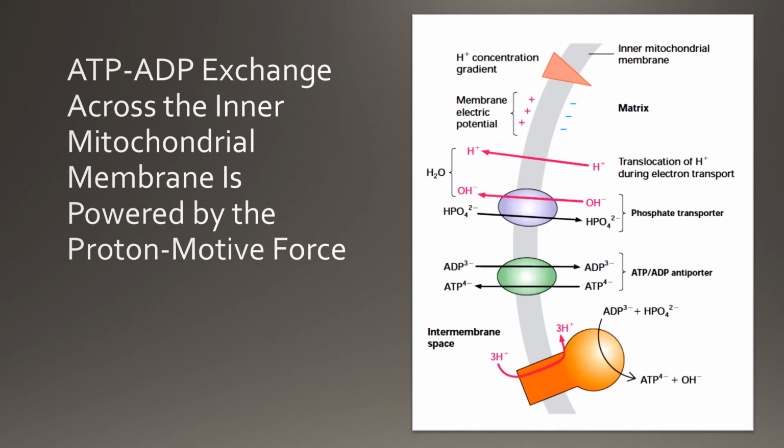This expenditure of energy from the proton concentration gradient to export ATP from the mitochondria in exchange for ADP and Pi ensures a high ratio of ATP to ADP in the cytosol, where hydrolysis of the high energy phosphoanhydride bond of ATP is utilized to power many energy requiring actions.